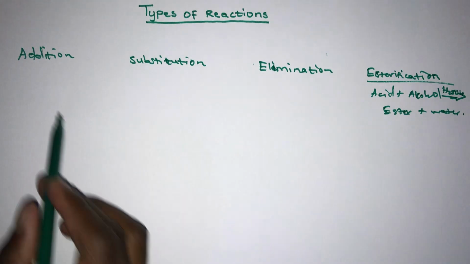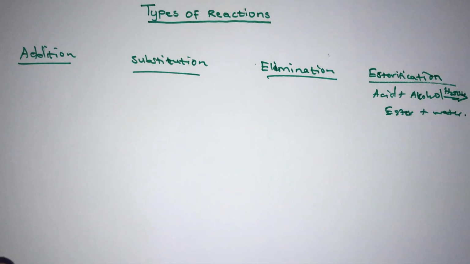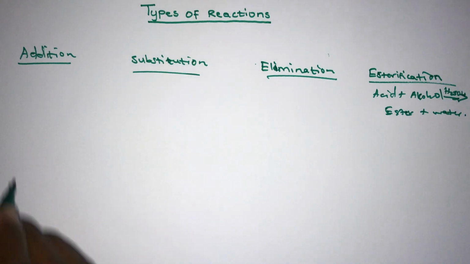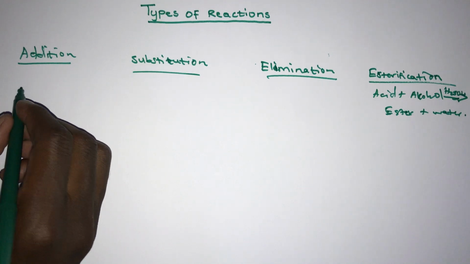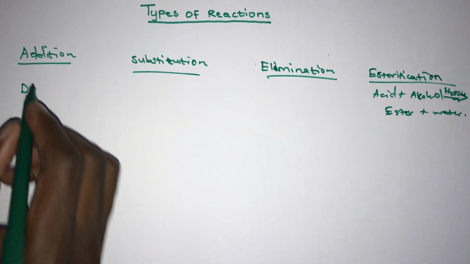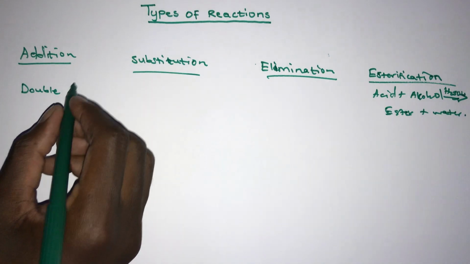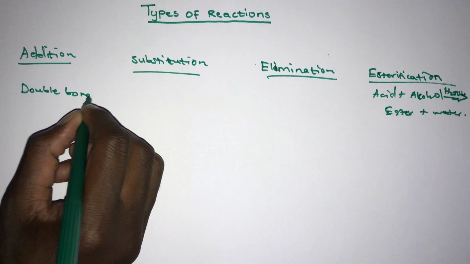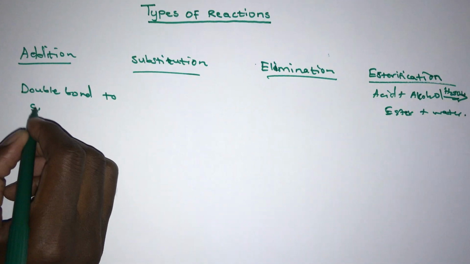So let's focus on these three, but for now I want us to focus on addition reaction. In addition reaction, we move from a double bond to a single bond.